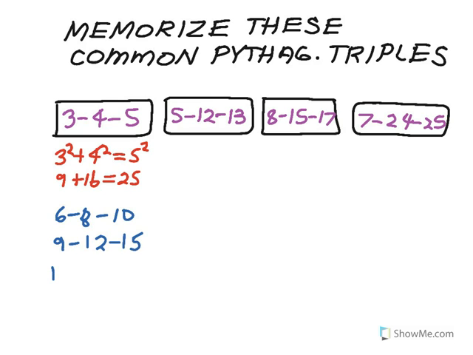A 12, 16, 20, a 15, 20, 25. That's the original 3, 4, 5 with each of those multiplied by 5. So again, any form of a 3, 4, 5 combination is definitely a right triangle.